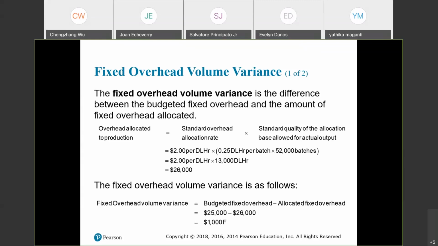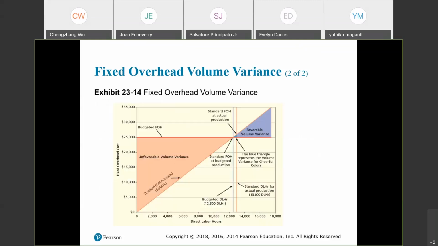The fixed overhead volume variance is not a cost variance. It is a volume variance and explains why fixed overhead is over-allocated or under-allocated. This slide graphs the fixed overhead volume variance.